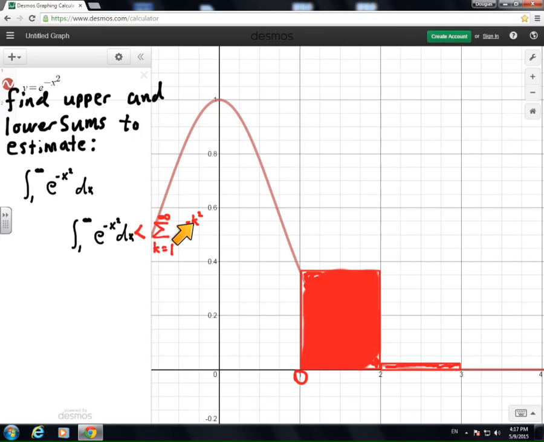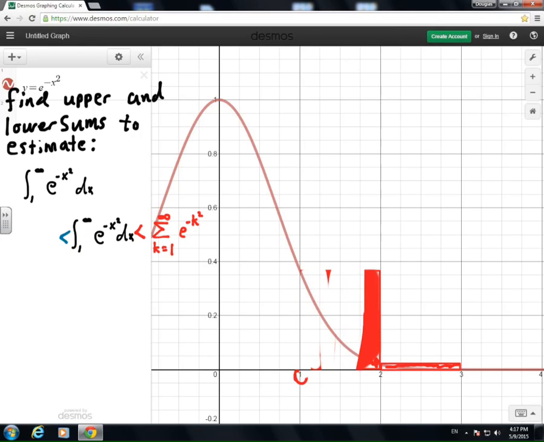Don't forget this is k now, because we've replaced the function with a series. But we know that if we add up all the rectangles from k equals 1 to infinity underneath this function, we are definitely going to be overestimating the area. So we know that's going to be greater than our integral.